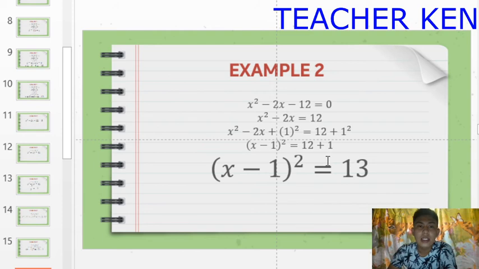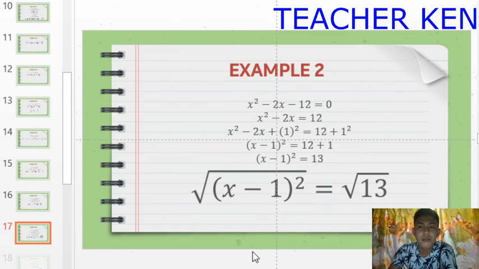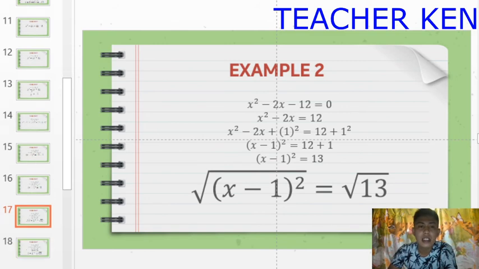Okay. Ang next natin gagawin, we have to eliminate the exponent. Ang gagawin natin, we have to apply the square root principle. So we have to put a radical sign to both sides of our equation. So ito yung mangyayari. Ayan. So nilagay natin siya sa loob ng radical sign, yung sa left side at saka right side ng ating equation.